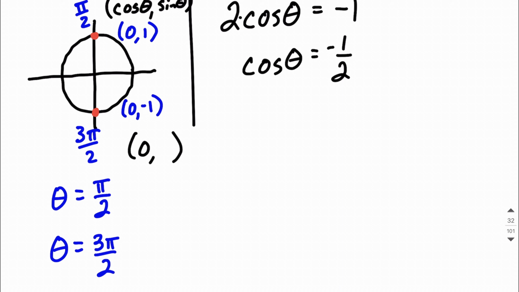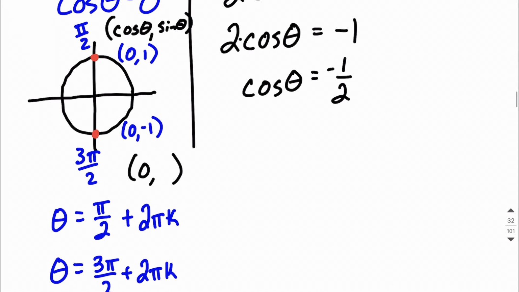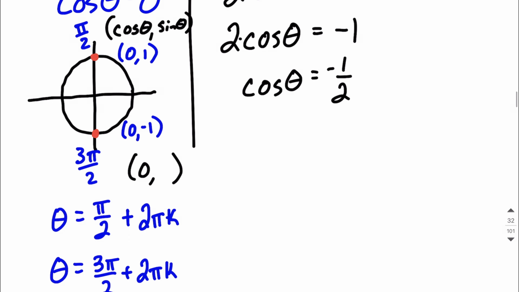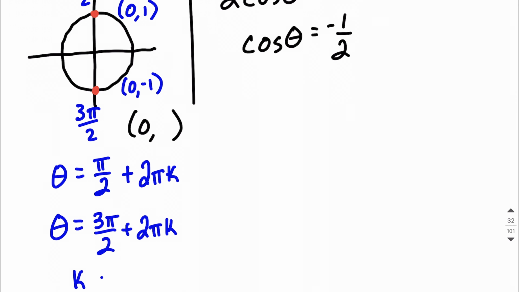To make this all solutions, what we always want to do is add at the end the original period for cosine multiplied by k, where k is some integer. Same thing is going to go on for this solution: 2 pi, the original period for cosine, multiplied by k, where k is an integer.